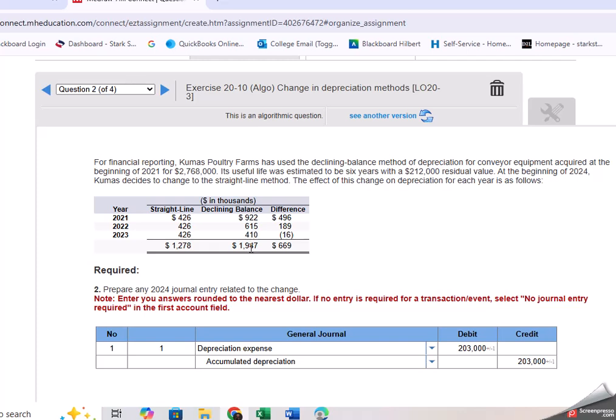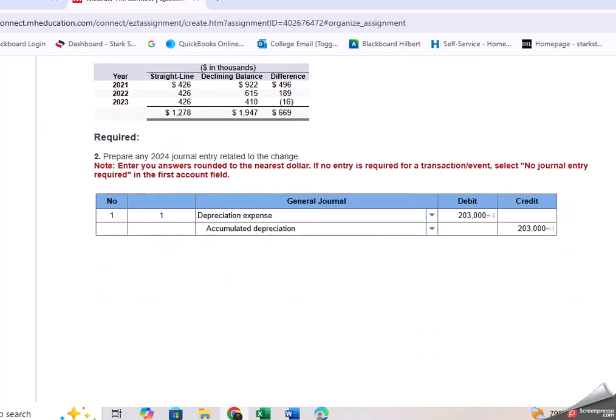So then we have the double declining balance, the 1,947,000 would be our balance. No, that's our depreciation that we've taken. So that would be our accumulated depreciation.